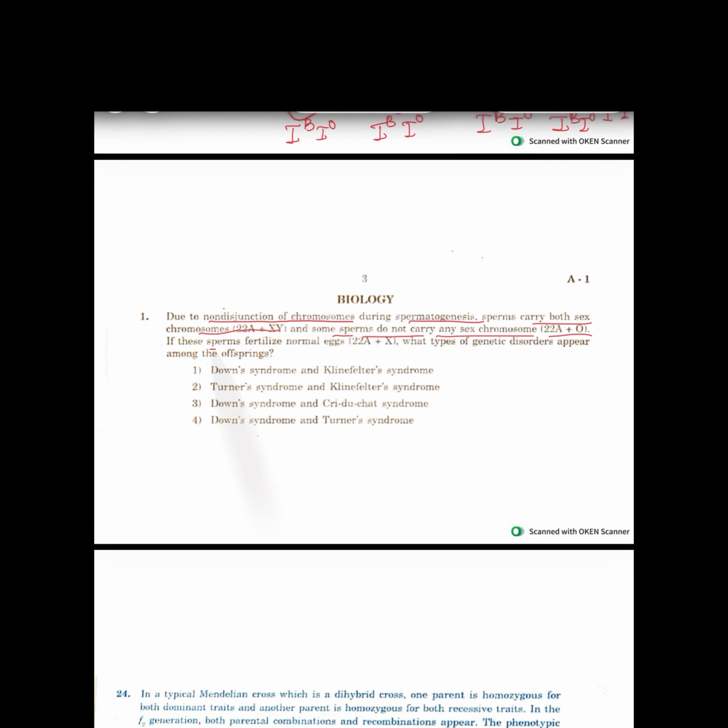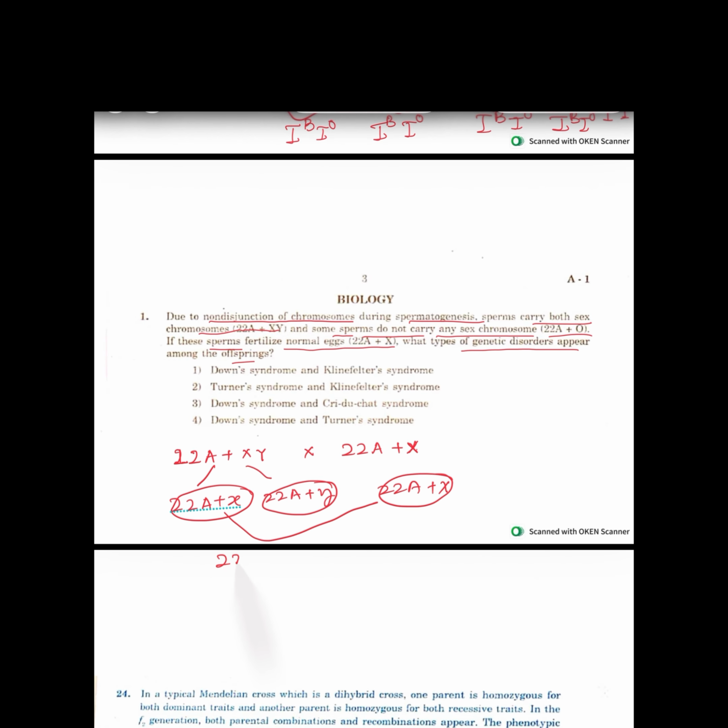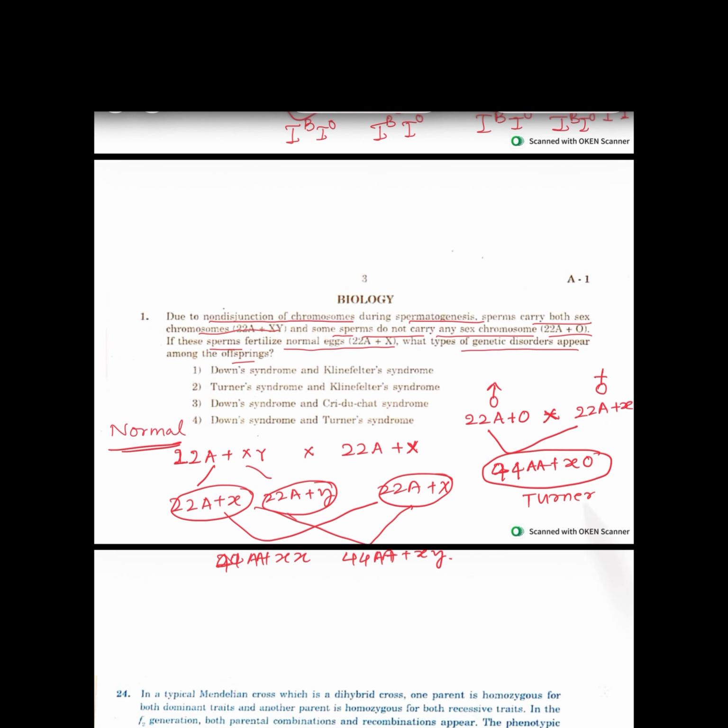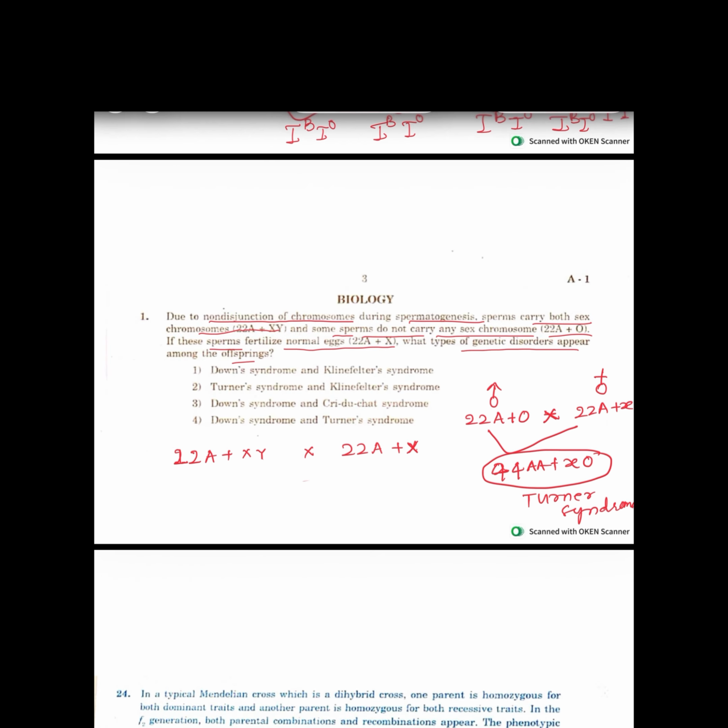Due to non-disjunction of chromosome during spermatogenesis, sperm carry both sex chromosomes, 22A plus XY, and some sperm do not carry sex chromosome, that is 22A plus O, fertilized with normal egg 22A plus X. So Turner syndrome, where one X chromosome will be absent.